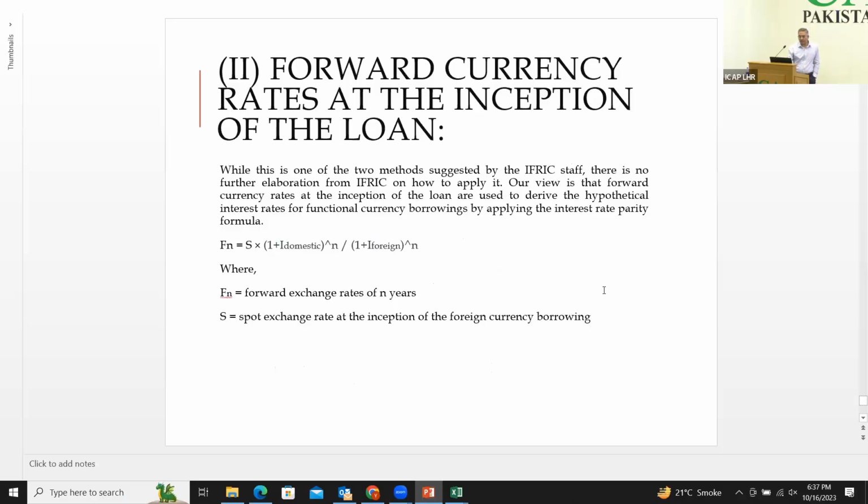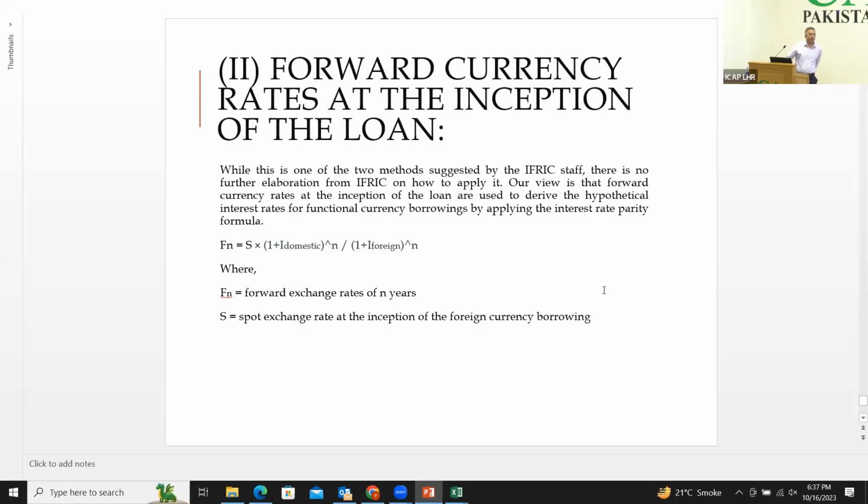The second method is basically using projected exchange rates and incorporating that. So here is a formula: Fn is equal to S into (1 plus i domestic) raised to the power n, divided by (1 plus i foreign).